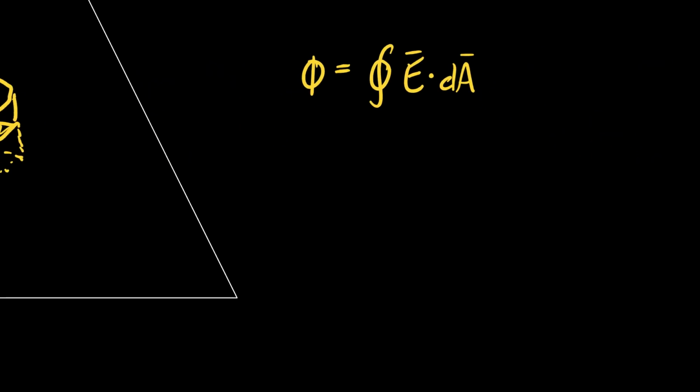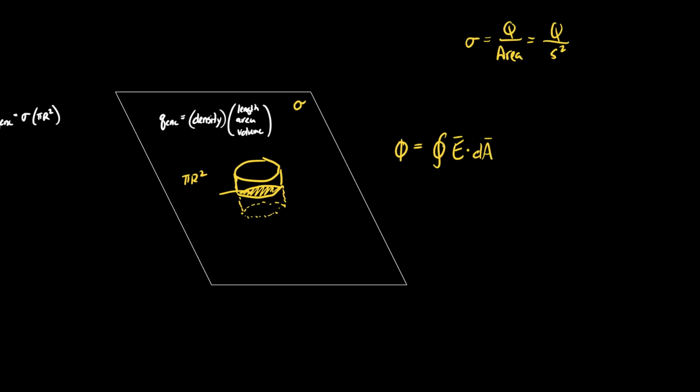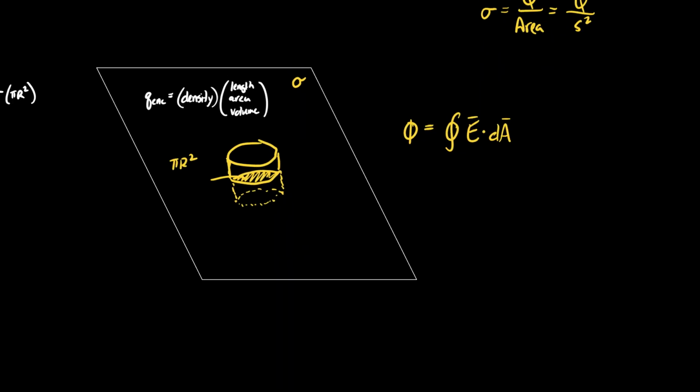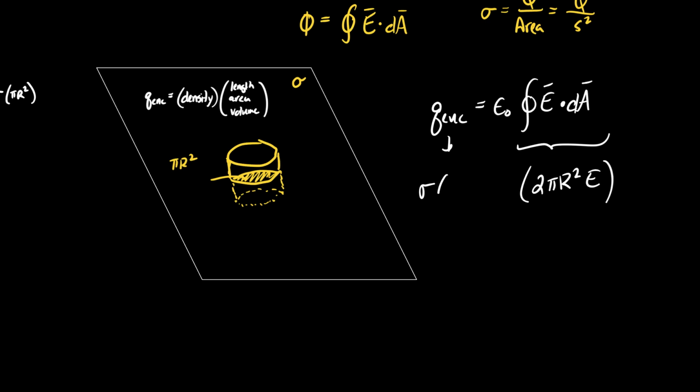I'm sorry, not our flux, our Gauss's law. So get back over there, Gauss's law. Q enclosed equals epsilon naught times the integral of E dot dA. This part we have found to be 2 pi r squared E. This part we have found to be sigma times pi r squared. And there we have our little epsilon naught.